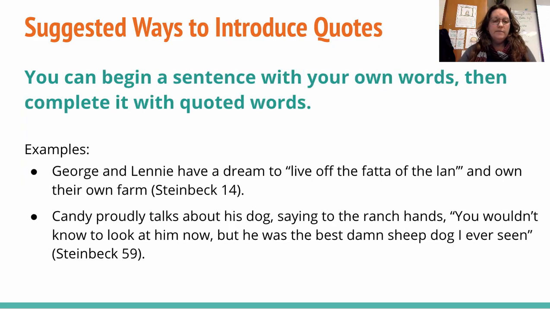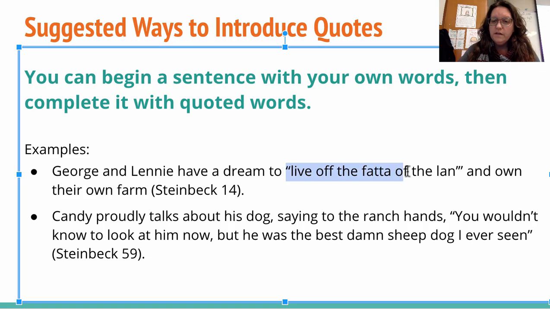Now, this last example here, this other way to do it is to use a comma or use a substitution. So our first example, George and Lenny have a dream to "live off the fat of the land" and own their own farm. Now, this is what I would call a substitution. This quote here, I don't really necessarily need it, but I'm substituting it into my sentence, and it adds a little bit more sophistication to my writing.